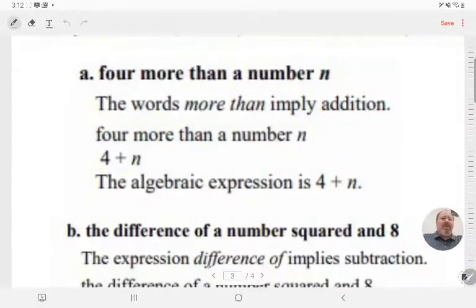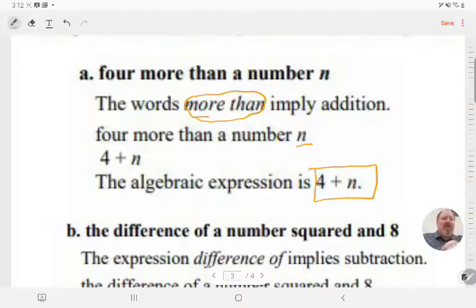If they tell me 4 more than a number, I know that more than is going to be addition, and I know that a number would be a variable. I could just say n. So 4 plus n would be my algebraic expression, and that's all I would have to write. Okay?